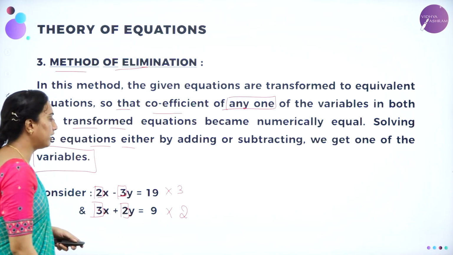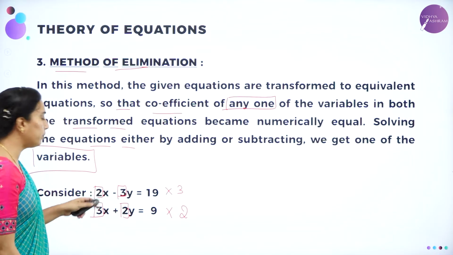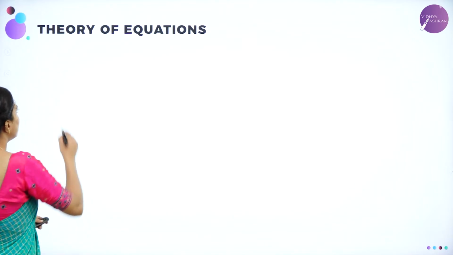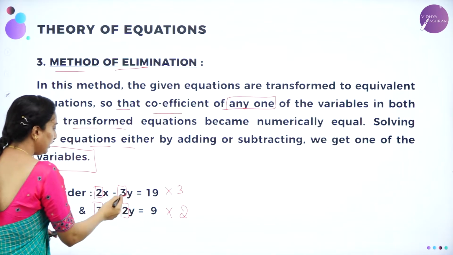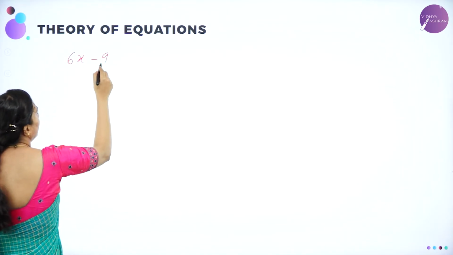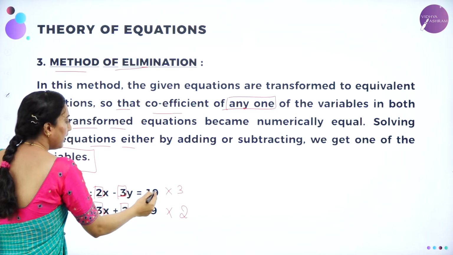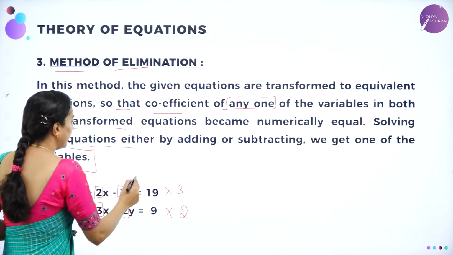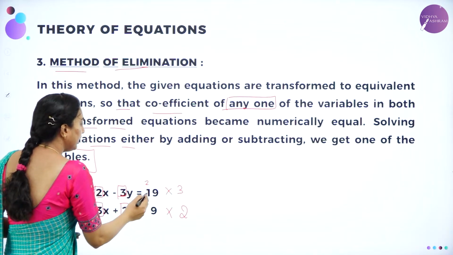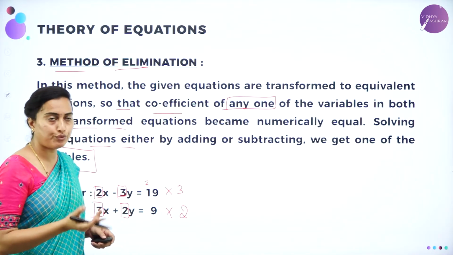So what happens to that? That equation will become 2x, 3 into 2, which is nothing but 6x. So 6x minus, as it is, 3 into 3 is 9y, 9y is equal to 19 into 3. See, 9 3s are 27, you are having 27. 3 ones are 3, 3 plus 2, which is 5, which is 57.